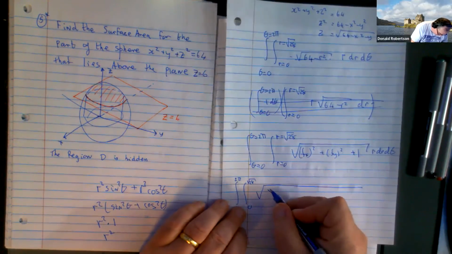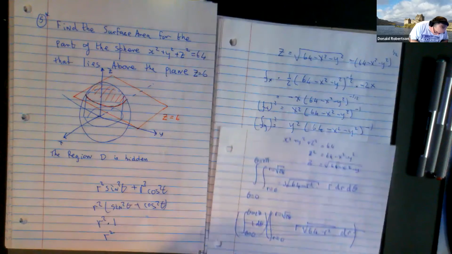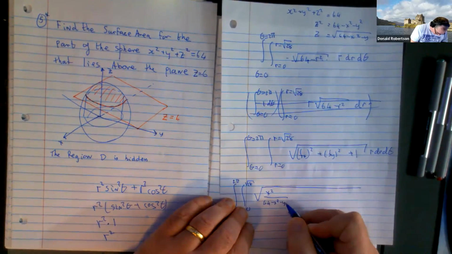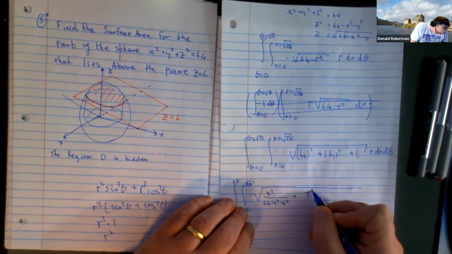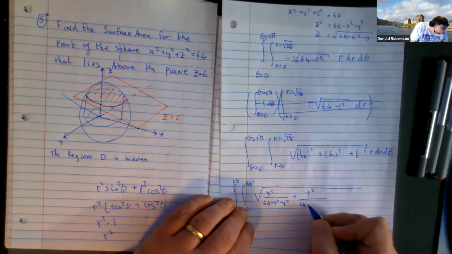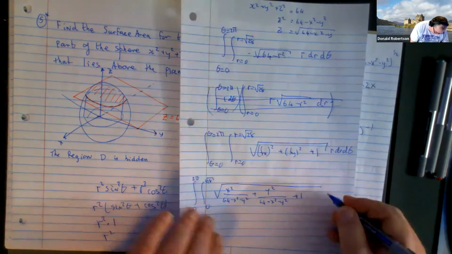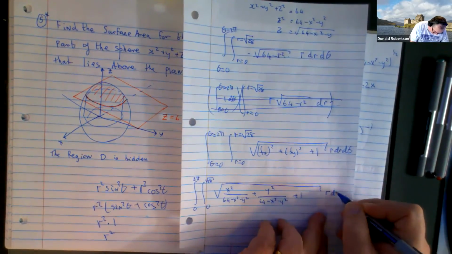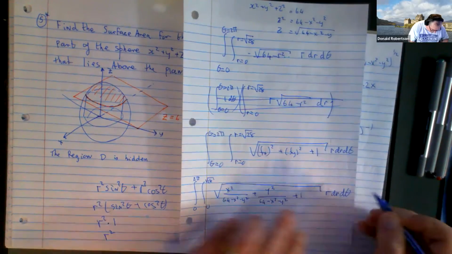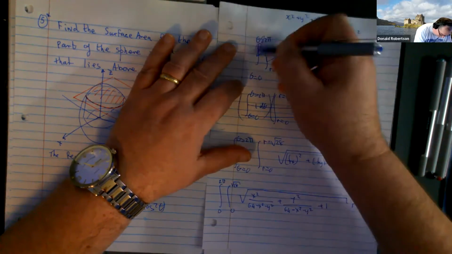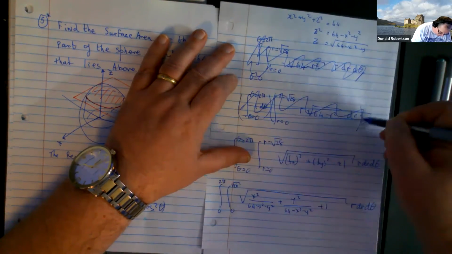So that's going to be x squared over 64 take away x squared, take away y squared, plus y squared over 64 take away x squared, take away y squared, plus 1. And then we're going to have an r dr d theta. There. That was a lot uglier than just a double integral.